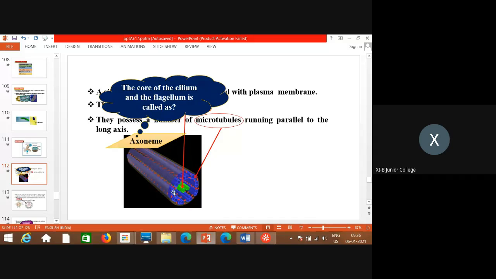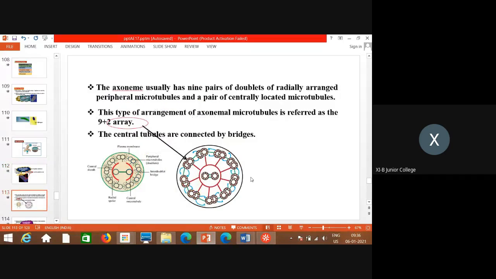Peripheral structures, radiating structures, which are connected to each other and also to the central tubules. So the center or core of the flagellum or cilium is called the axoneme. This is a very simple 2D model of the structure of cilia and flagella. This is called the 9+2 array.